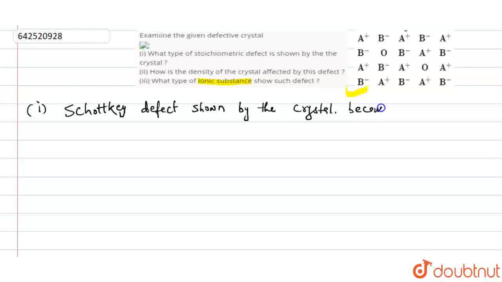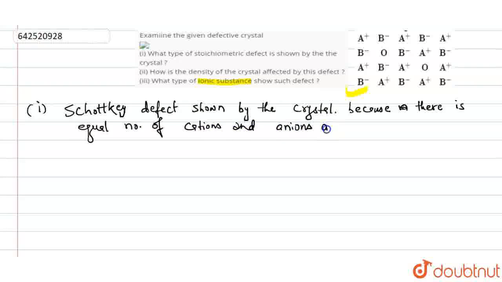Because there is equal number of cations and anions missing in the crystal lattice. Because equal number of cations and anions are missing in the crystal lattice.